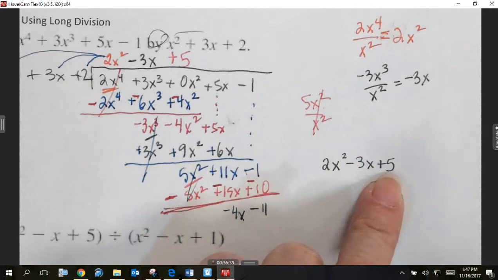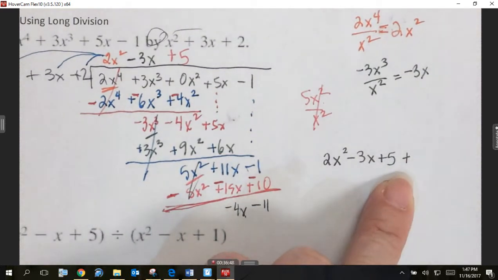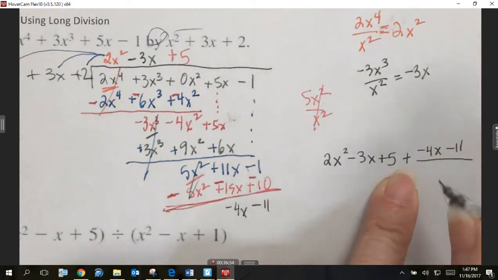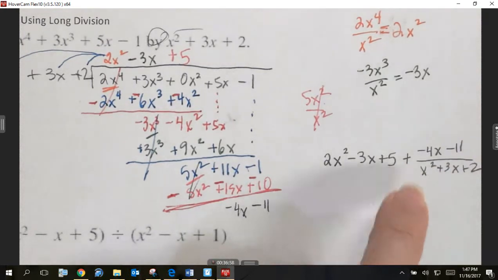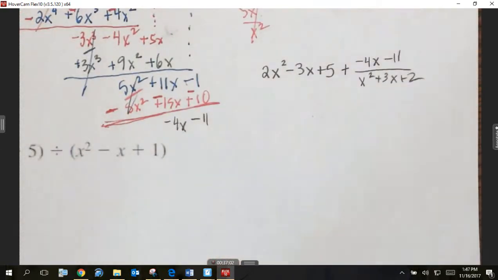So to get around that, we put a plus sign. So we've got 2x squared minus 3x plus 5, and we're going to add the fraction of our remainder, negative 4x minus 11, over our divisor, x squared plus 3x plus 2. So same thing we were doing with numbers, only you just have to put the plus sign next to the fraction. And we've divided polynomials.